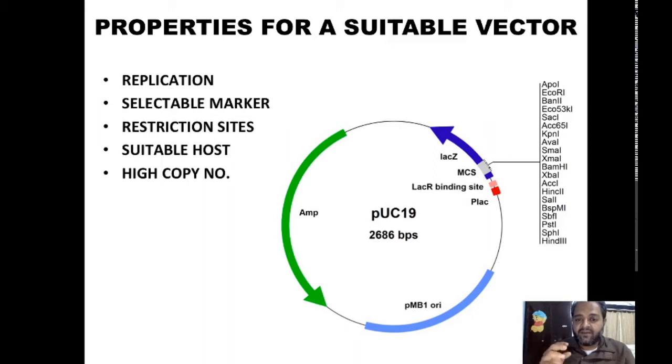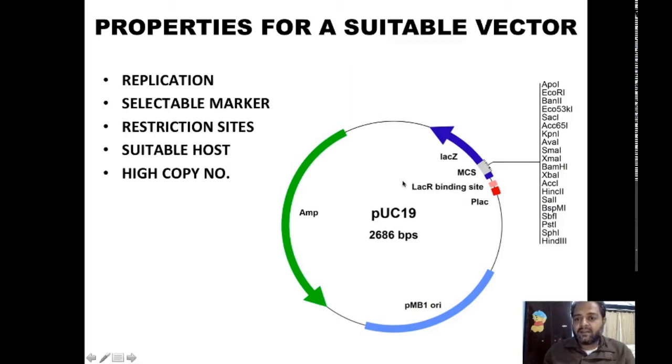So, if your plasmid has an ampicillin resistance marker, then your host should be amp minus. That means it should not carry this particular gene. I hope I am very clear in this, that if there is a particular gene producing a particular protein for the purpose of selection on a plasmid, then it should not be produced by the host.